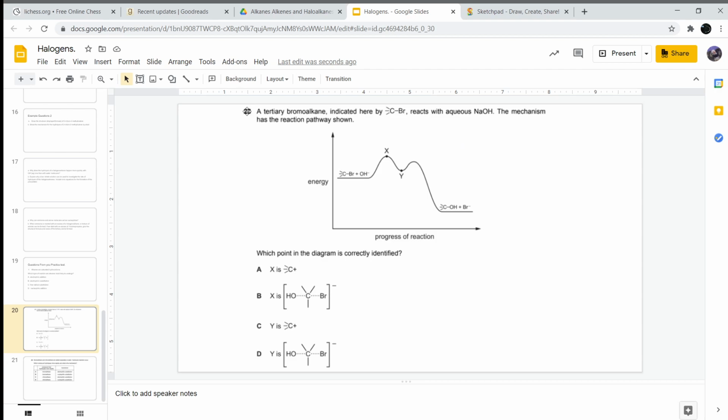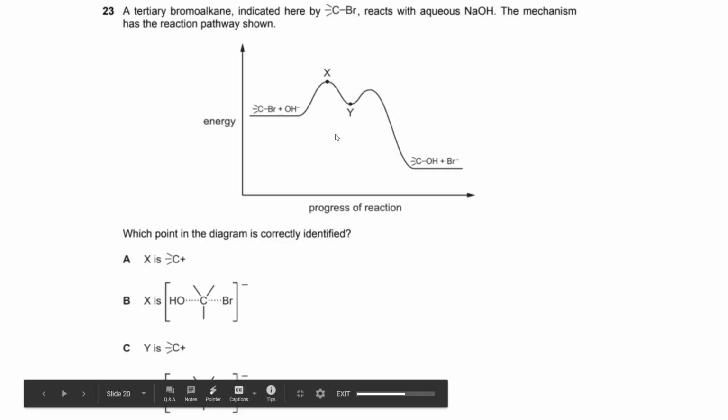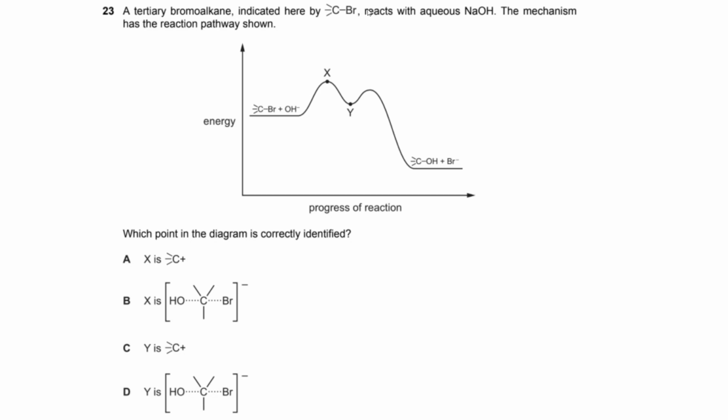Next is 23. 23 was another question from our practice test. What I want you guys to note is that it says that we have this tertiary bromoalkane. It already tells us that it's tertiary, so we automatically know that this has to be an SN1 reaction. And it reacts with aqueous NaOH.